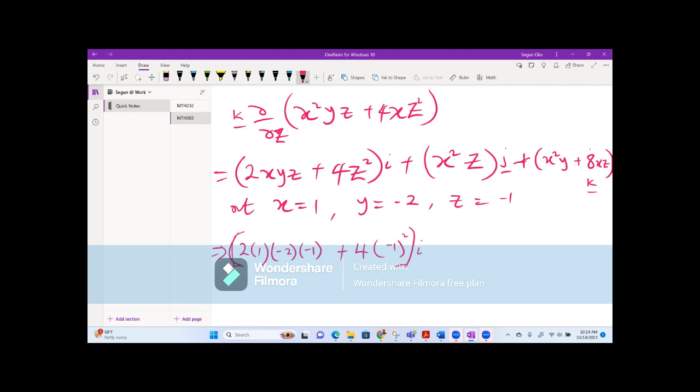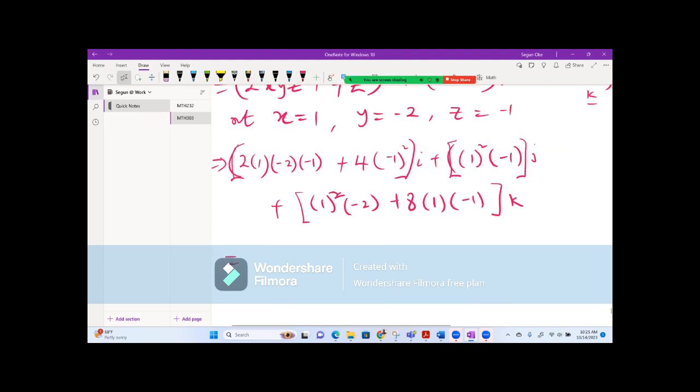Plus j: 1 squared, 1 squared times minus 1, minus 1. Plus 1 squared, y is minus 2, yes, plus 8 into 1 into minus 1.